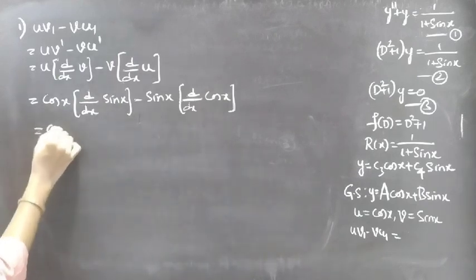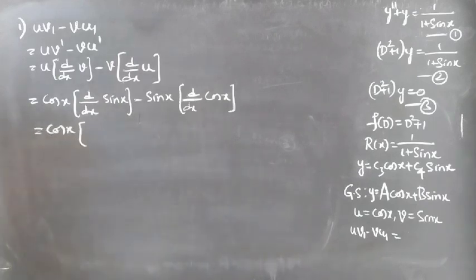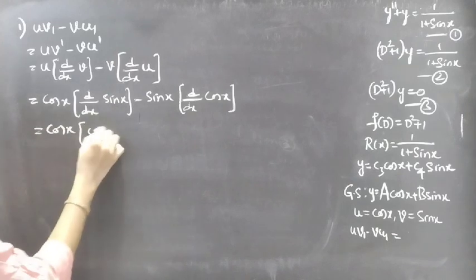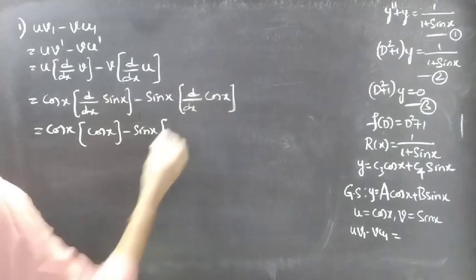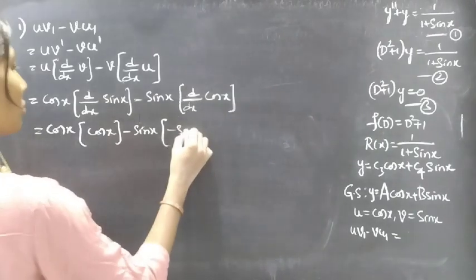This gives us cos x into the derivative of sin x with respect to x, which is cos x, minus sin x into the derivative of cos x with respect to x, which is minus sin x.